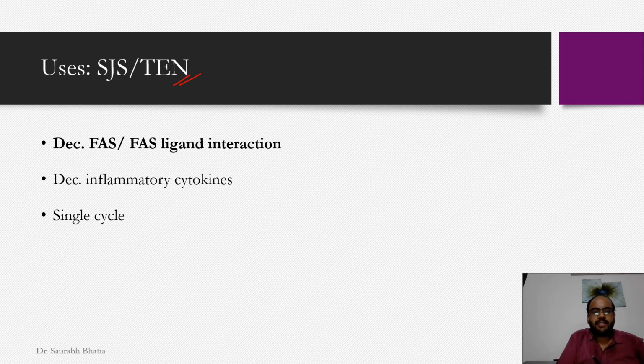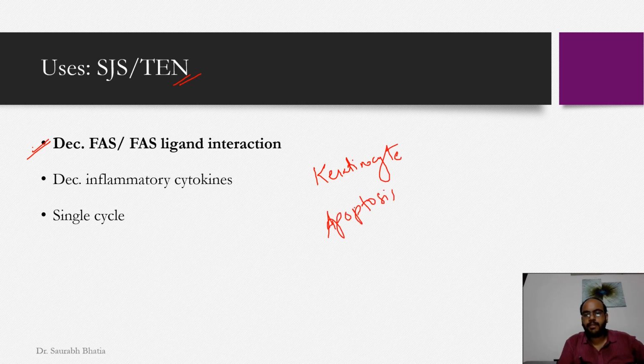Now in SJS/TEN, we've already discussed that Fas ligand interactions are decreased. Also keratinocyte apoptosis is decreased. Okay, and also all the inflammatory cytokines like IL-2, 4, 5, TNF alpha, the father of all inflammatory cytokines, are all inhibited by IVIg, so you have decreased inflammatory cytokines.